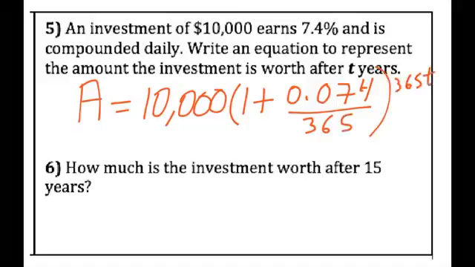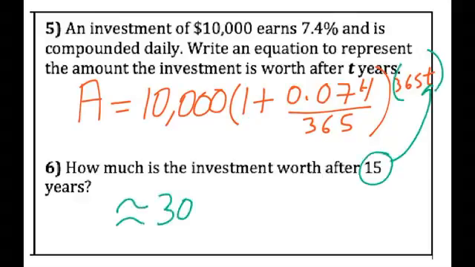So I want to know how much the investment is worth after 15 years. So I take that 15, plug it in for t. Don't forget to put parentheses around that. And I get approximately $30,340.17.